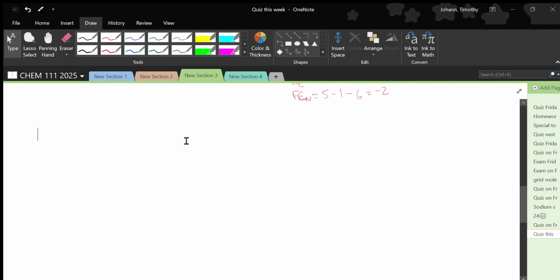Okay, so I want to talk about another concept that will come up occasionally. Your book kind of mentions it, and then it uses it a little bit, but doesn't really teach you to do things with it. We need to emphasize it a little bit more, and it's called expanded octets.